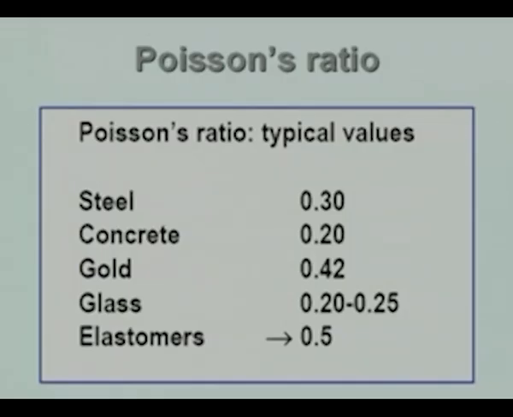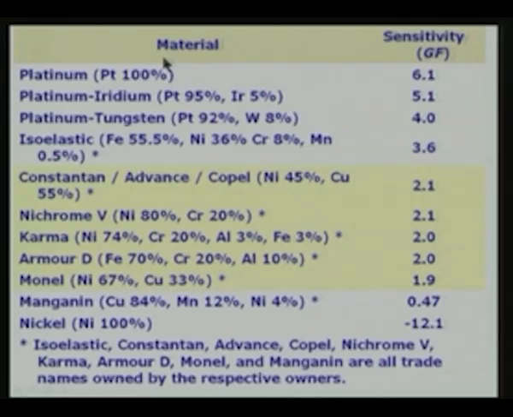The Poisson ratio typically for steels is 0.3, concrete for example is 0.2, gold 0.42, you see that it is closer to 0.5, glasses may have between 0.2 and 0.25, some elastomers have equal to 0.5. There are some materials which even have negative Poisson ratio and so on. Let us not worry about those things as far as we are concerned here.